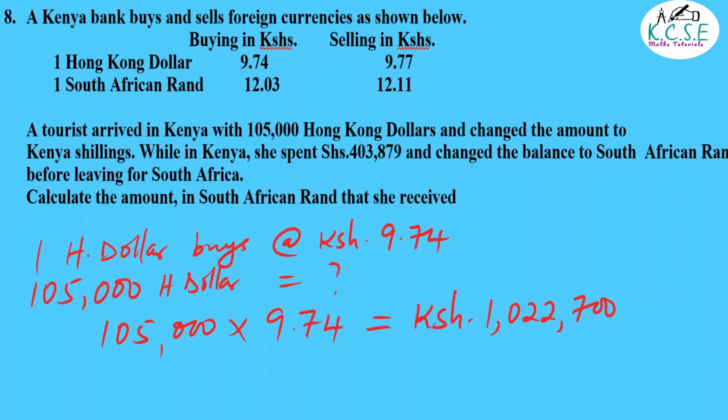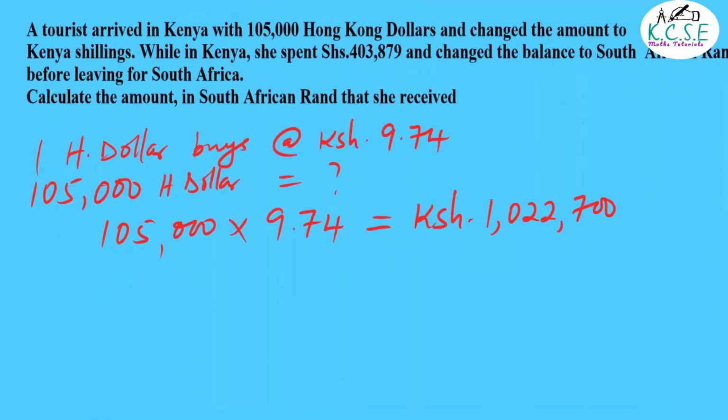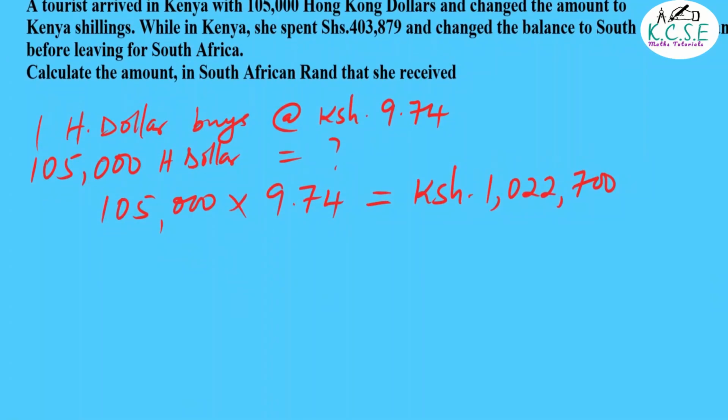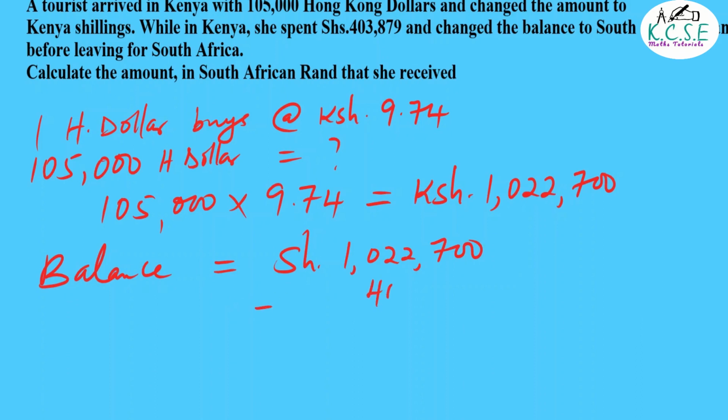Now, while in Kenya, she spent 403,879 and changed the balance to South African rand. So she spent some amount, and we need to get the balance after spending. So she had 1,022,700, then spent 403,879.